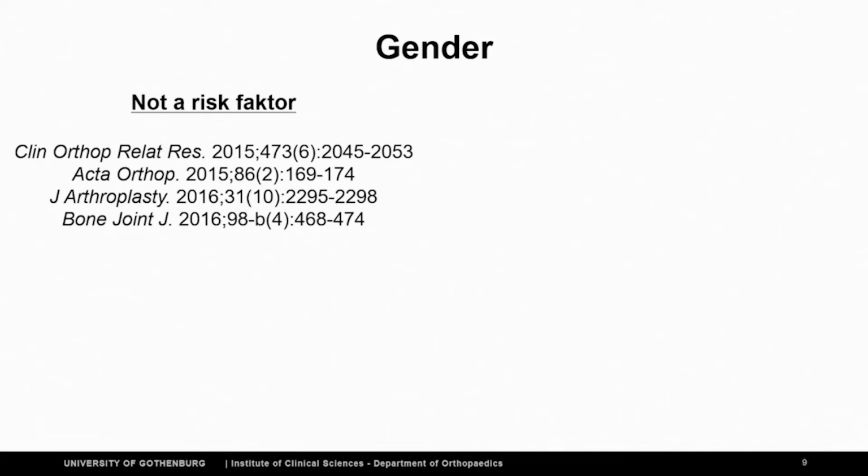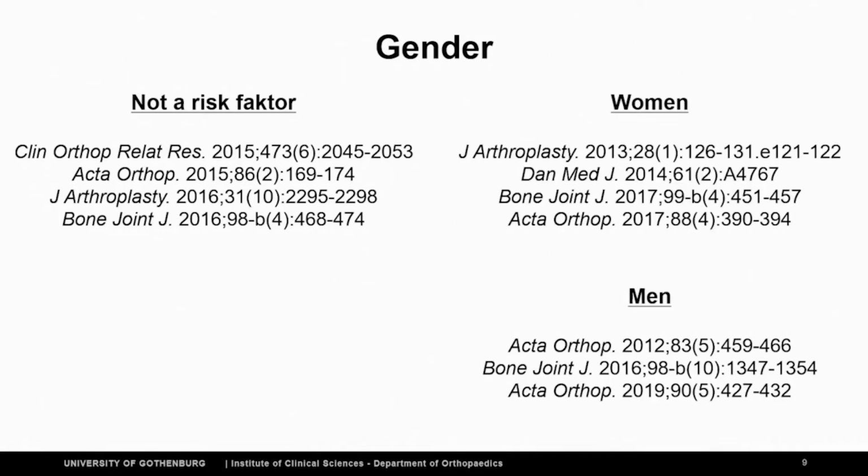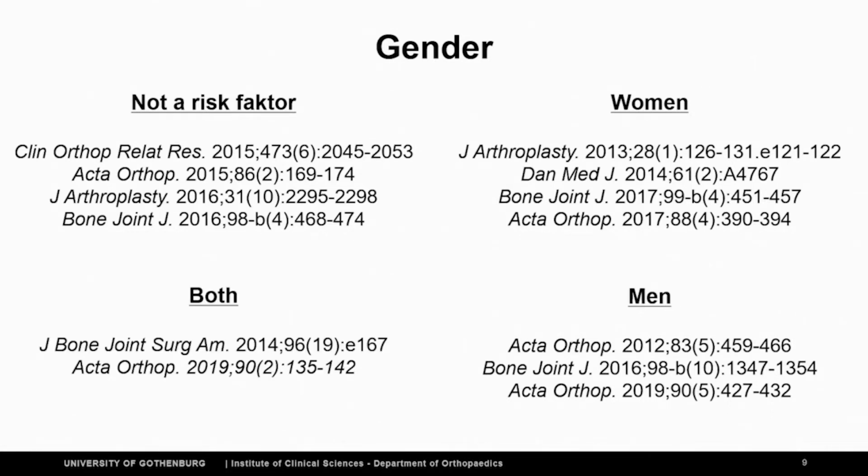In some studies, it is not presented as a risk factor, while other studies document only women or other studies only men as patients with higher risk of periprosthetic fracture. In two publications, men or women had a higher risk for fracture depending on the type of stem fixation or the type of fracture.